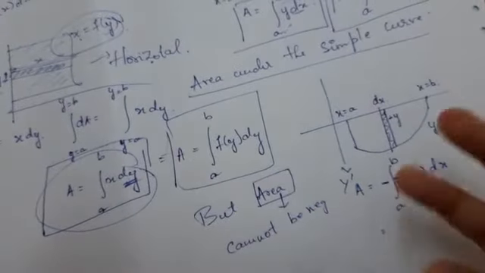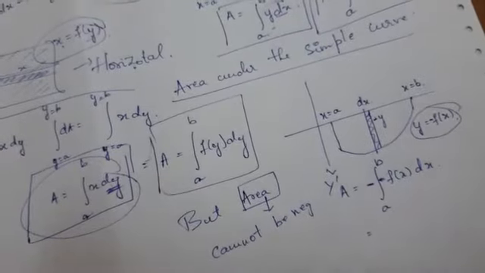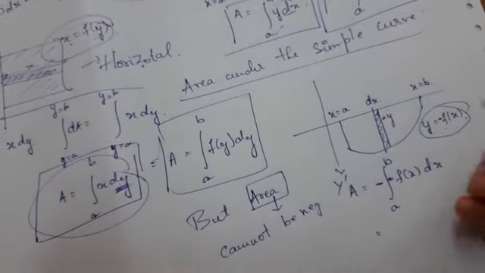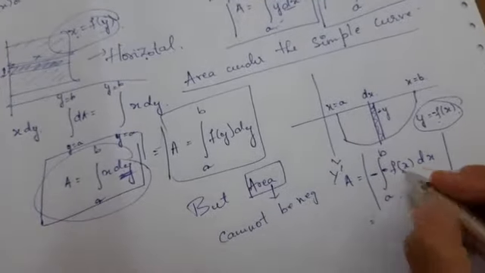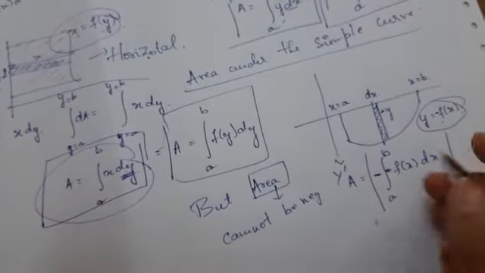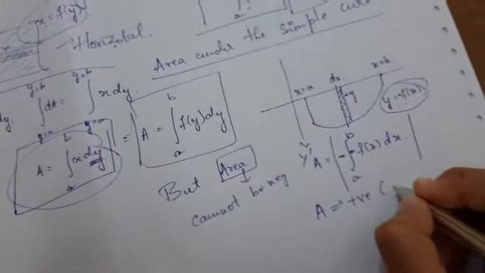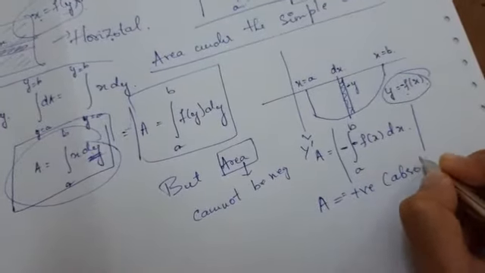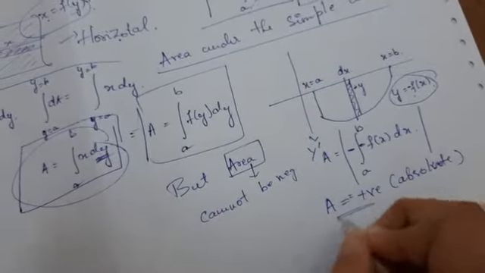So what we are doing here: suppose there exists a function or a curve such that f of x is negative, at that time we take the absolute value of that function or the area, so that we get a positive value, the absolute value of the integration, so that we get only a positive value of area.